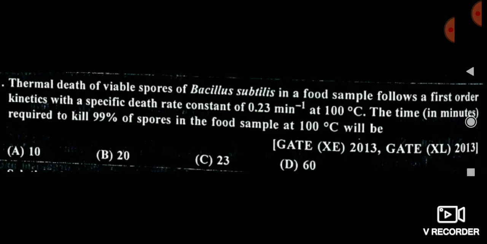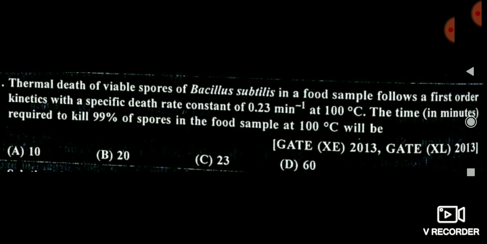Now friends, see another question. It is also based upon the previous concept only. I will once again read it. Here, friends, it is saying initially some n-naught amount of spores are present and finally 99% of spores are killed.